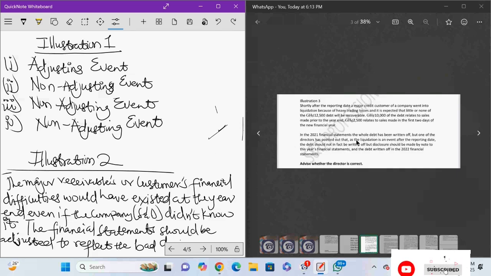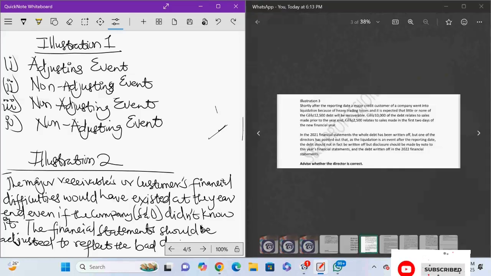In the 2021 financial statement, the whole debt was written off, but one of the directors has pointed out that they are not supposed to write off the entire debt, because part of it is an adjusting event, and the other is a non-adjusting event. The one that is adjusting, we adjust, and the one that is not adjusting and it's material, we disclose.